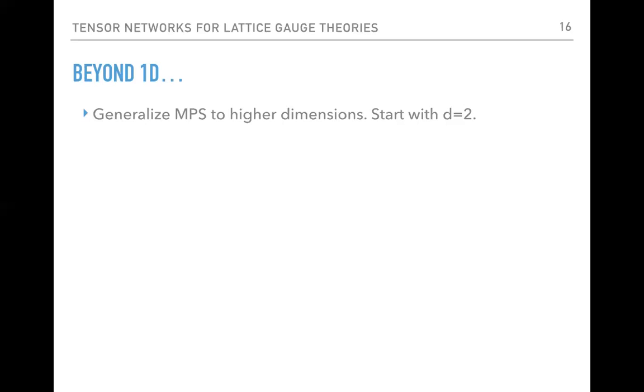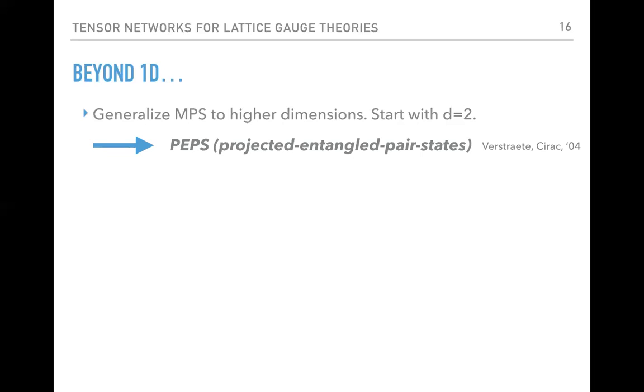Okay. Roughly. Yeah. So if we want to go beyond 1 dimension, we first need to start thinking about tensor network ansatzes in more than 1 dimension. People have done this in the past, and the tensor network that you arrive at was called projected entangled pair states.